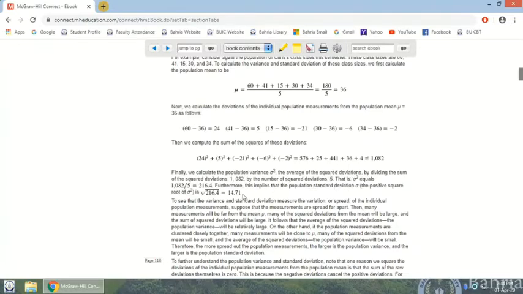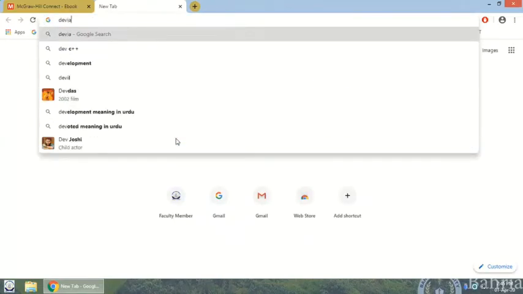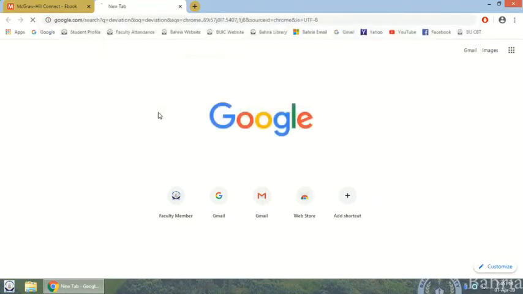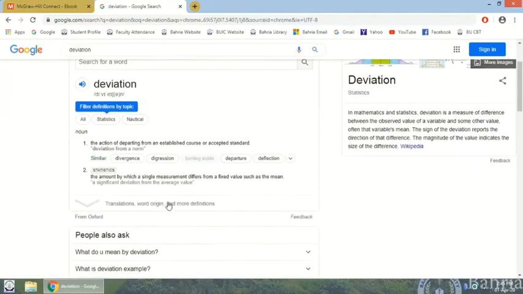Now what does this line mean, number of square deviations? Deviation is an English word. Deviation is to go astray, or just be away from something, misguided in other words, or it's just departing, or a measurement that differs from a fixed value, such as the mean in this case, or the acceptable standard.